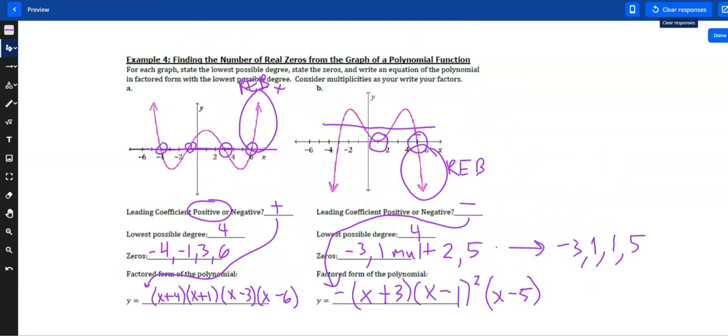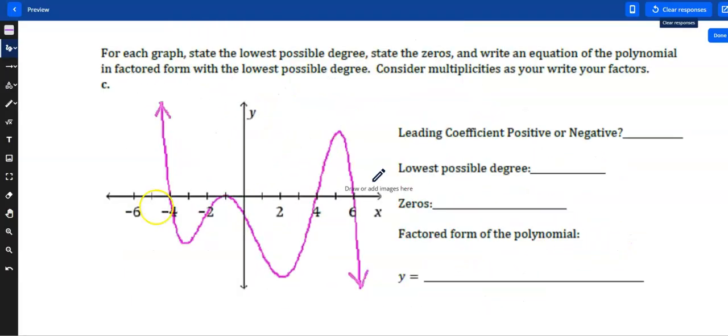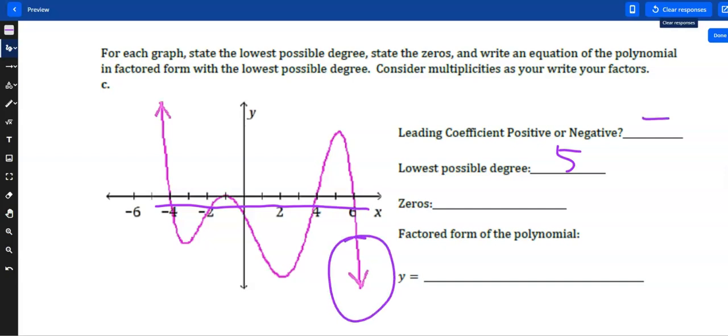All right, let's see what the next slide brings. So it looks like we got 1, 2, 3, 4, 5. So that's the lowest degree is a 5. Leading coefficient, definitely negative. Zeros, we've got negative 4. Negative 1 twice because of the bounce. 4 and 6.